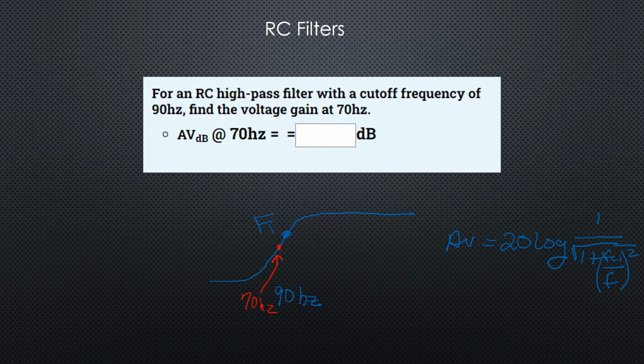So we want to put in 90 hertz over 70 hertz, square that, add it to 1, take the square root, invert that, take the log of that, multiply that by 20. And because they didn't give us an initial dB gain at the midband, we're assuming that that is at 0. That's our 0 dB mark. So we know that at 90 hertz, we should be minus 3 dB. And at 70 hertz, we're going to be something less than that. And that should be this number right here.